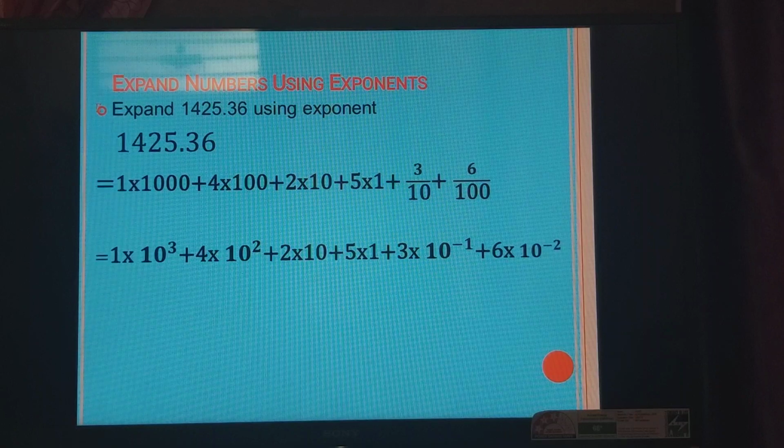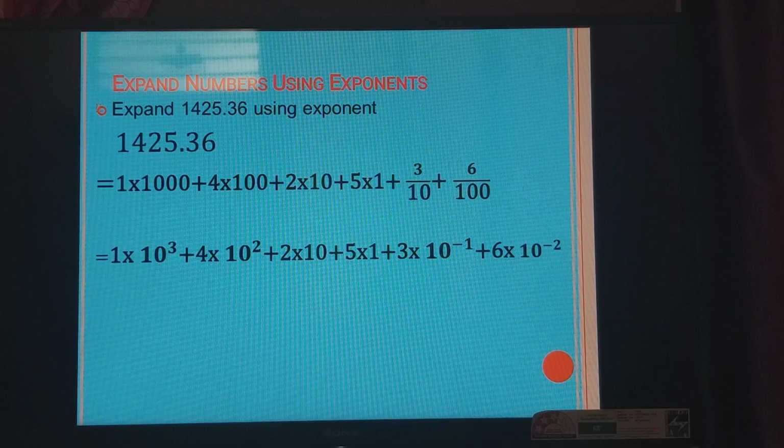From this concept we can also expand a decimal number in exponential form. Write this: 1425.36, expanded in exponential form, is in front of all of you.